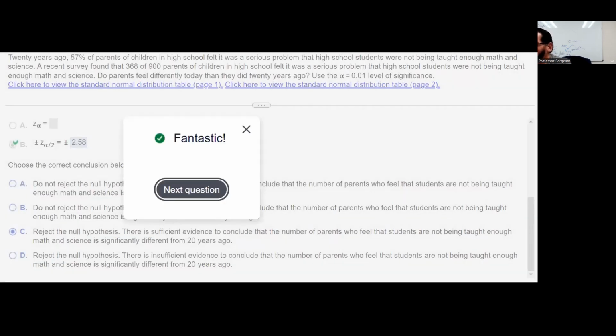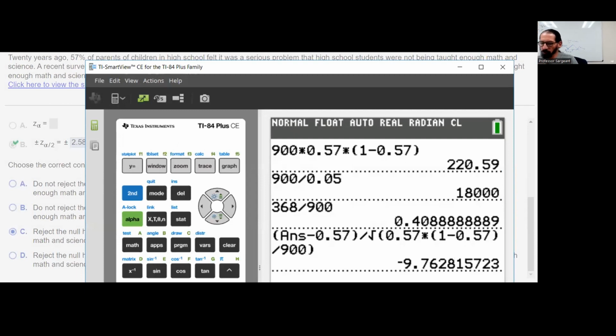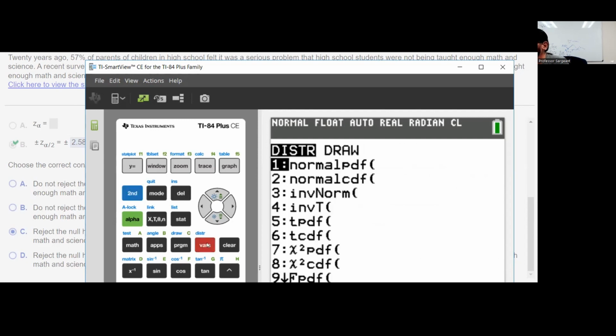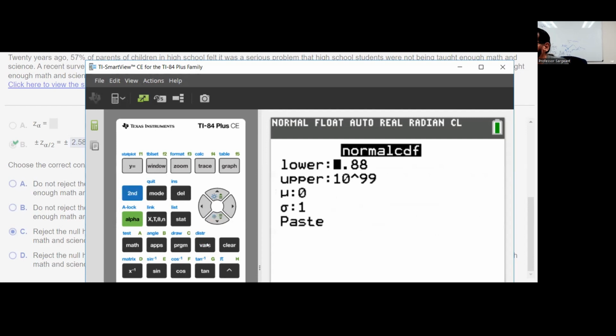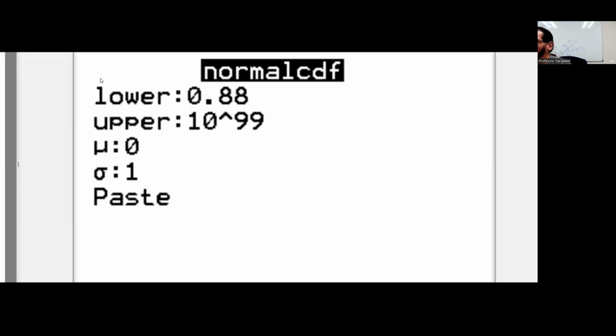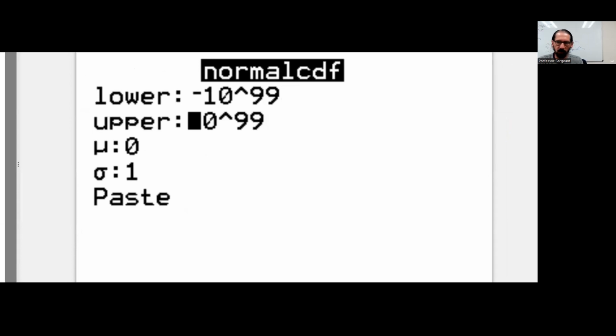Okay. One more thing here. If we took twice what we have in normal CDF, we standardized, and that was negative, so I'm going to use a negative 10 to the 99 for our lower bound because it's headed towards negative infinity. Take that answer that I had as the last thing in the screen here.